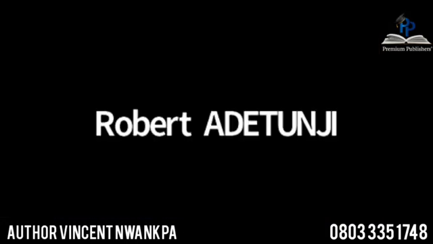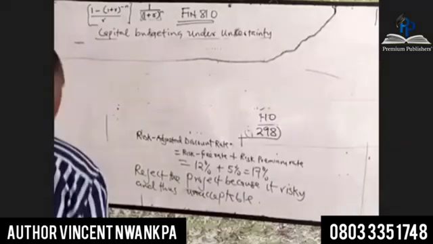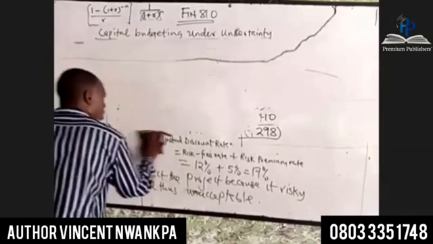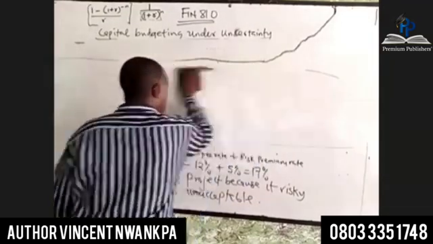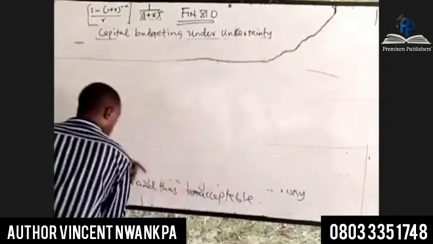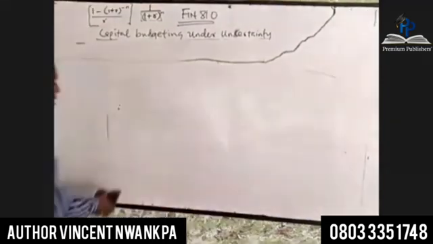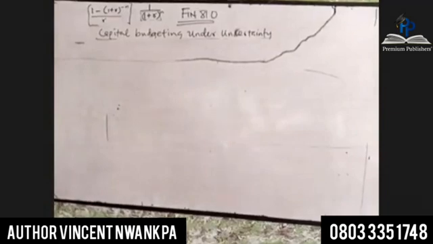You're welcome. So we're moving on to the certainty equivalent approach or method. Unlike the one we just finished, where we adjusted the interest rate or the discount rate, for this one we're going to adjust the cash flow.